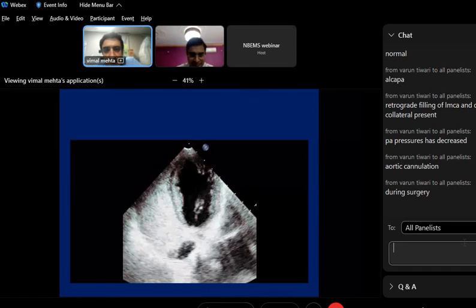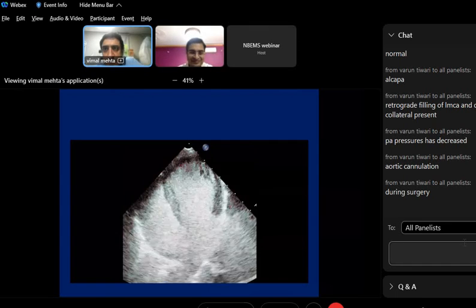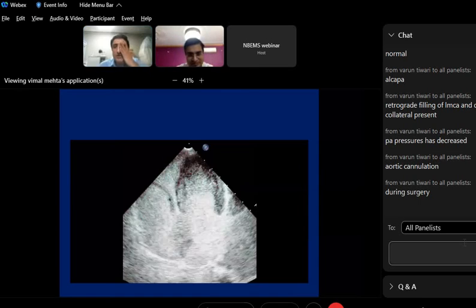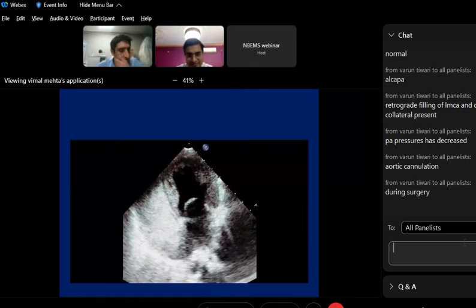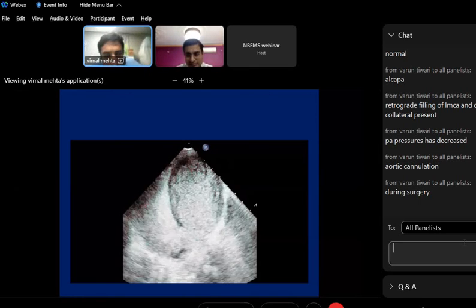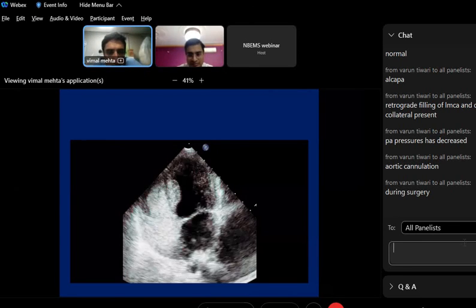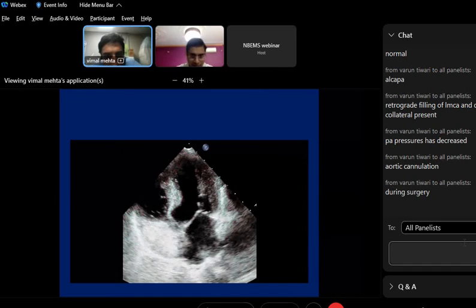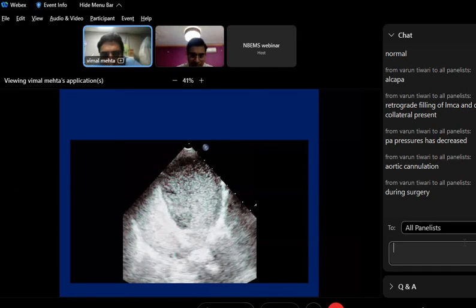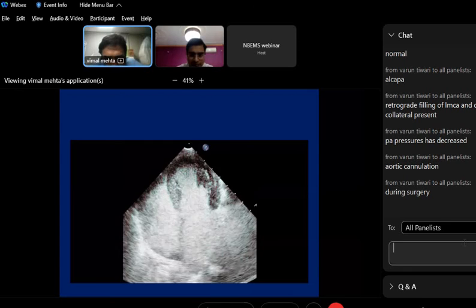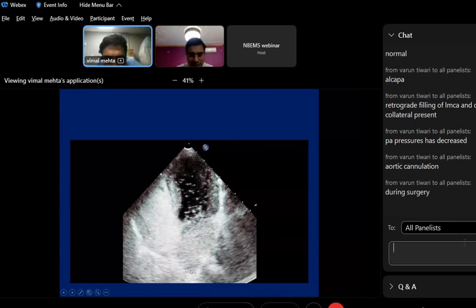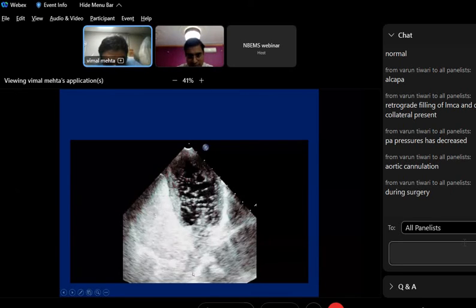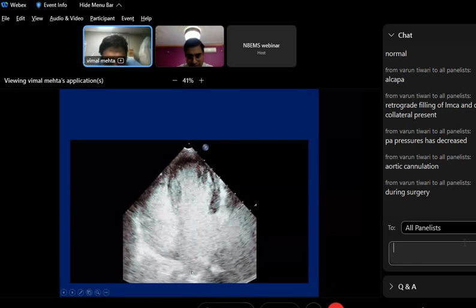So typically this opacification is occurring at 4 to 5 beats. If it is occurring after more than 3 beats, it means the blood has had time to go to the pulmonary circulation and come back and opacify the ventricle. Further, if you see carefully, your pulmonary artery and pulmonary veins are also getting highly opacified.